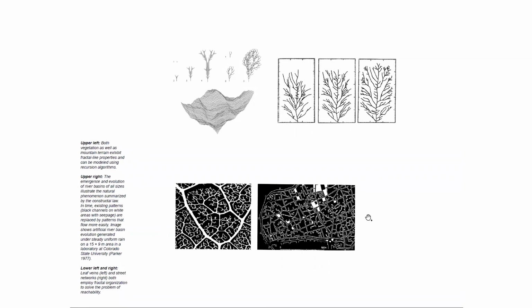And here on the bottom, you see 2 examples. On the left are leaf veins, so veins in a leaf in a plant, and on the right you have, I think, the street network in Sana'a, Yemen, which is one of the oldest cities in the world today.